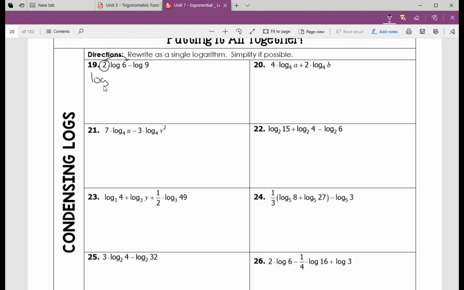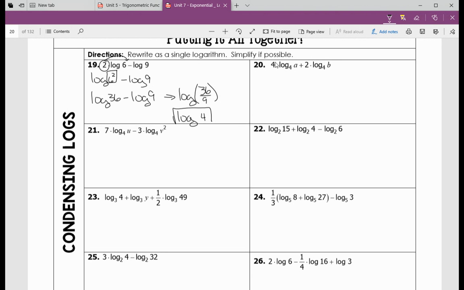So that would be log of 6 squared minus log of 9. Now I can take 6 squared and turn it into 36. And since I now have a log minus a log, it produces a fraction of 36 over 9. And that reduces to log of 4.